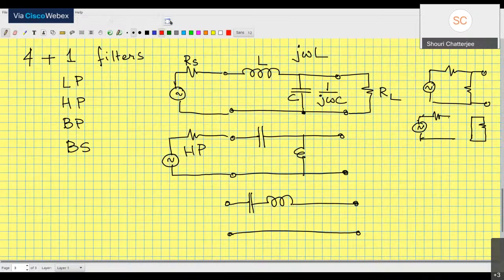In the third case, now we can talk about a band pass filter. And in the band pass filter, this is going to be a special situation. We are putting both inductor and capacitor in series. Now what's going to happen? At low frequencies, the capacitor is an open circuit, so nothing will pass through.